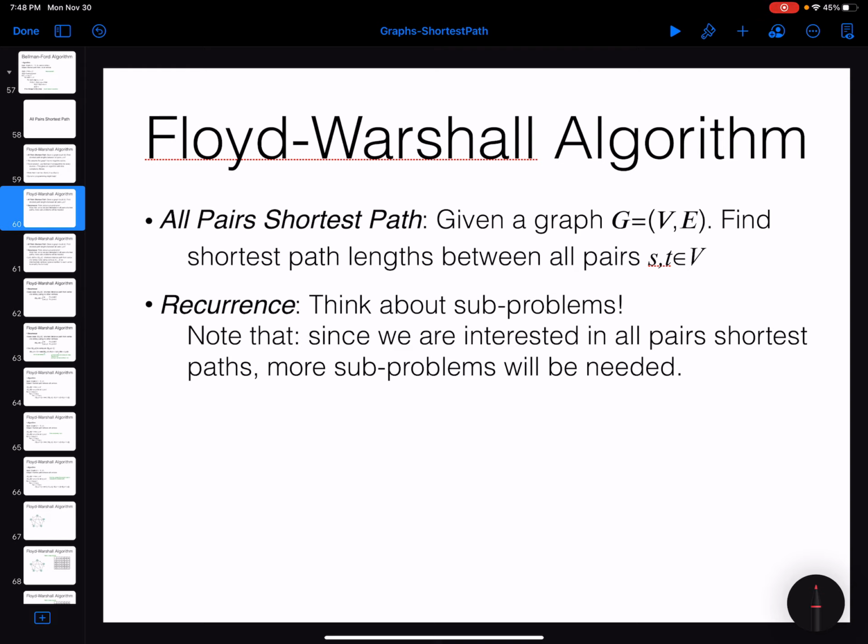The idea of finding the shortest path between all the pairs is very similar to the Bellman-Ford algorithm. This is again a dynamic programming algorithm, but there is one main difference. In the Bellman-Ford algorithm, we were looking for the single source, so we were looking for the distance from one single node S to all other nodes.